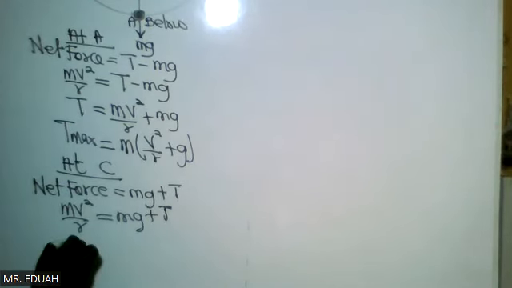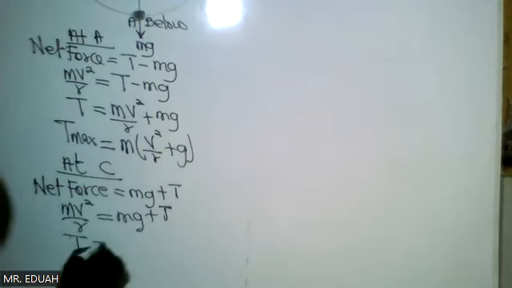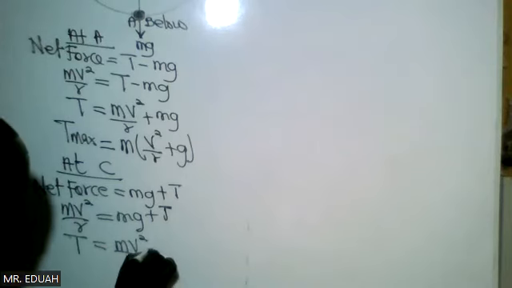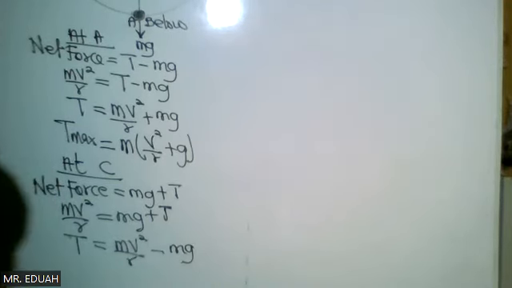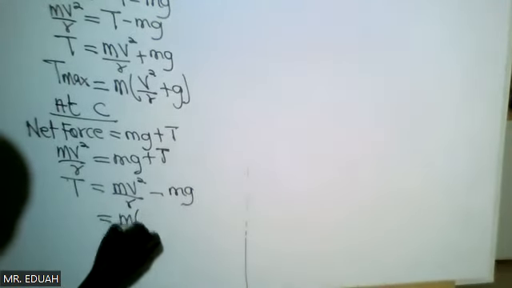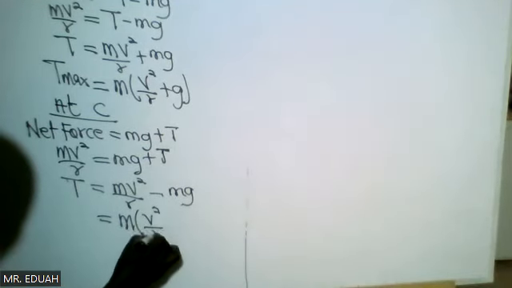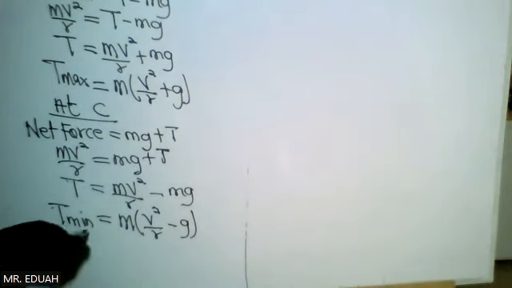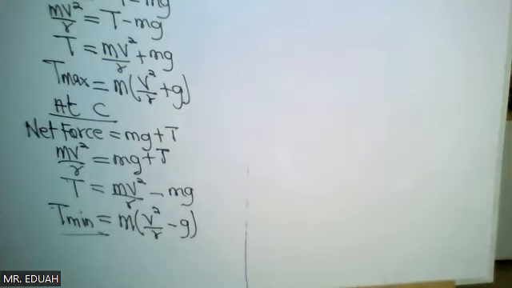When you make T the subject, you have mv squared over r minus mg, and this is equal to m times v squared over r minus g. And so we came to the realization that when the body or the mass is above the circle, minimum tension occurs within the string.